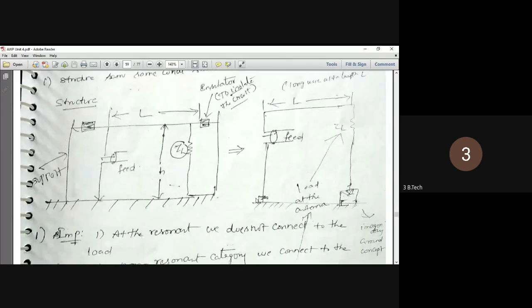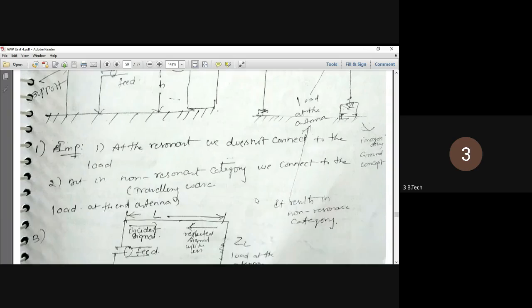Here, take a long wave antenna whose length is nearly equal to the n lambda by 2 condition. One end you are giving to your feed with respect to the ground. The other end you are terminating with respect to your load, ZL, load at the antenna. So in the resonant antenna, we do not connect the load, but in the non-resonant category, we connect the load at the end of the antenna.